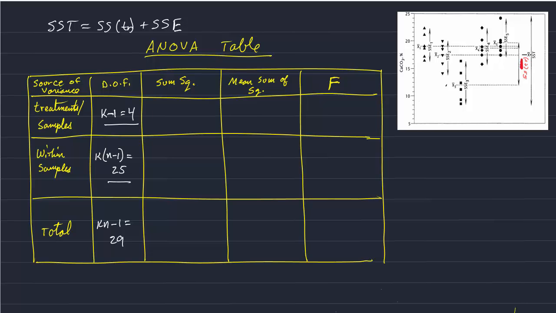So for the sum of squares column, we have the sum of square deviations due to treatments, sum of square deviations associated with or within samples, and then we have the total sum of square deviations. We have a mean sum of square associated with the treatments, which is just SSTR divided by the number of degrees of freedom. And that's referred to as MSTR.